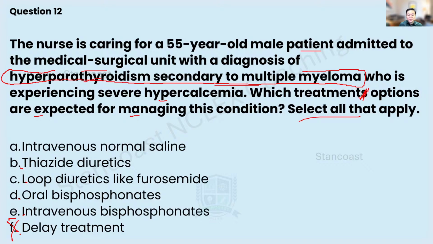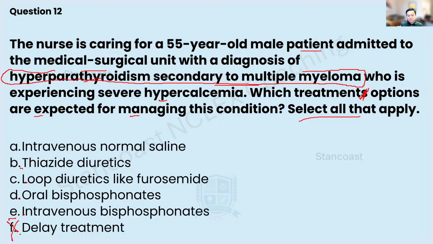what are these biphosphonates? Remember that the administration of the biphosphonates is very necessary in order to cause the what? It will address the calcium that is so increased in the bloodstream.